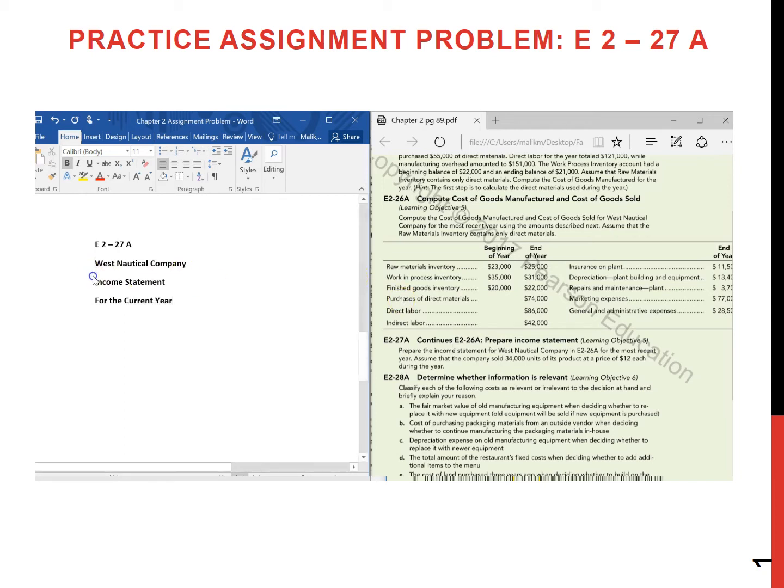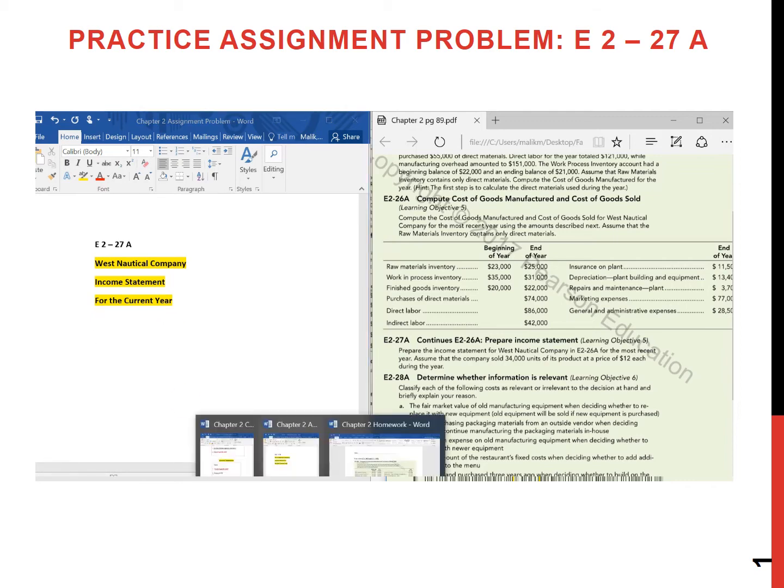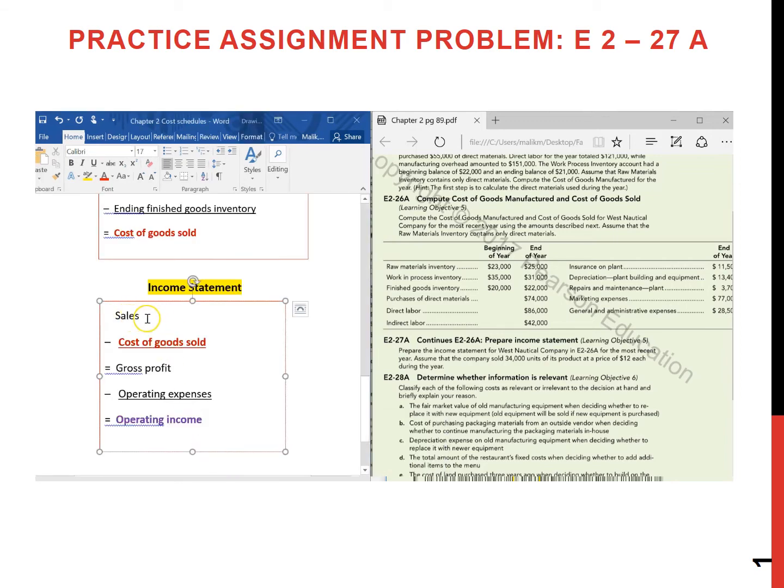Now I will highlight this part. This is our title of our statement. Now we are going to do income statement. I just showed you we will start with our sales revenue. Then we'll subtract our cost of goods sold. We'll find out our cost of goods sold from previous problem. And the difference we'll call it gross profit.